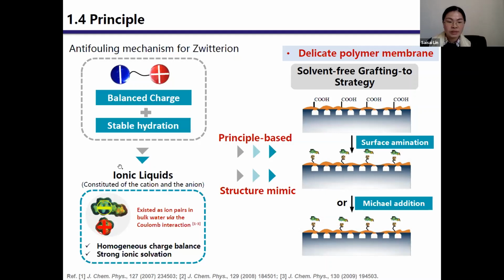This kind of green material is very special because it consists completely of cations and anions, so it is completely electroneutral, and it is also highly hydrophilic because of strong ionic solvation.